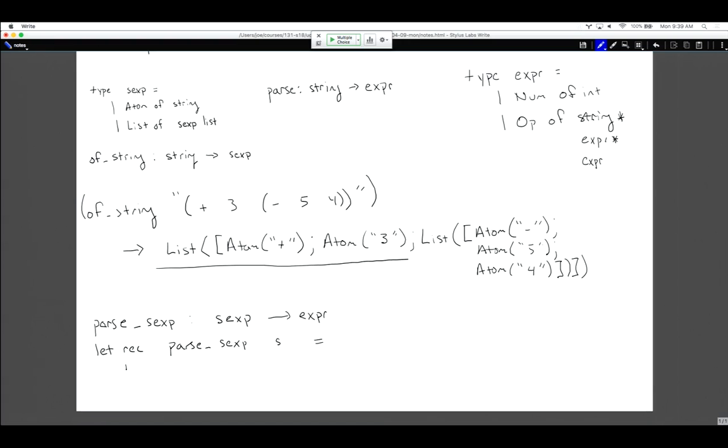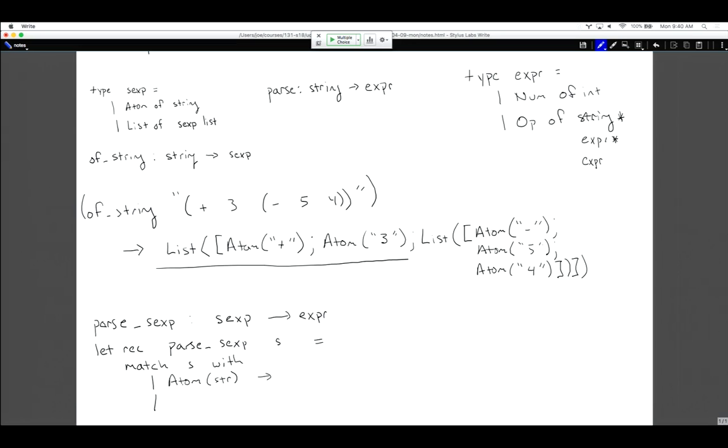So we're going to match on S. And the two cases are going to be either it's an atom of some, I'm just going to call it stir so we can tell it apart from S, or it's a list of some elements. We'll do something in both of these cases.